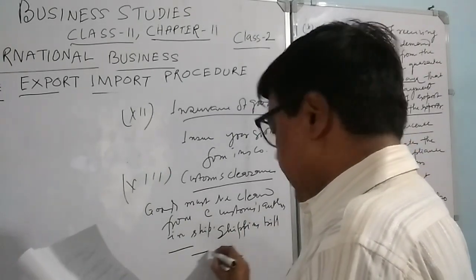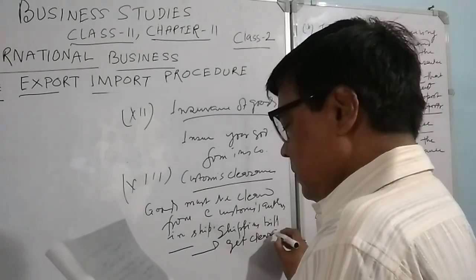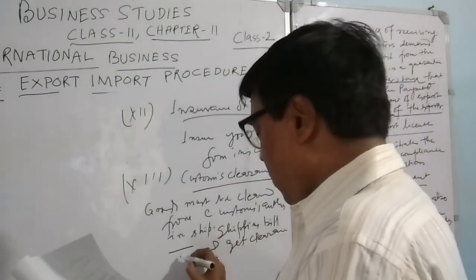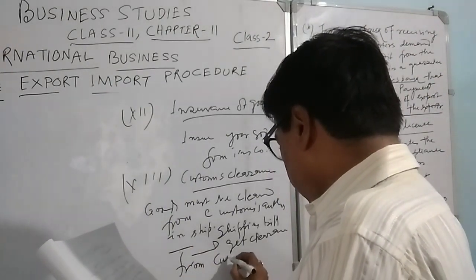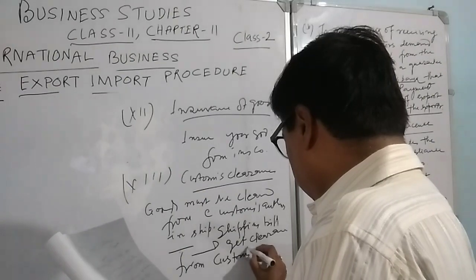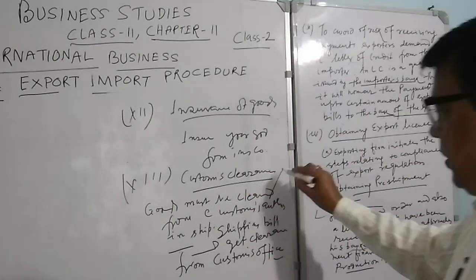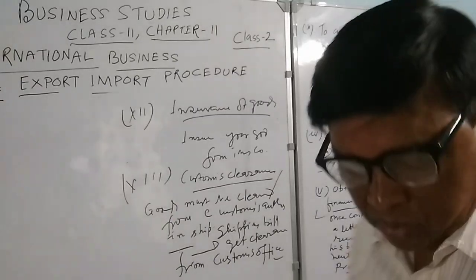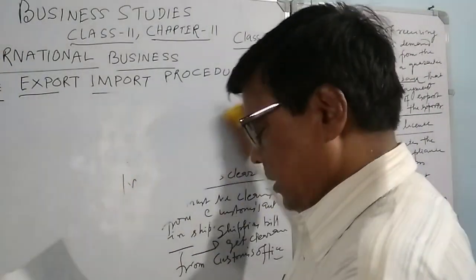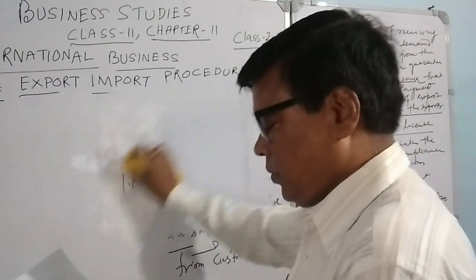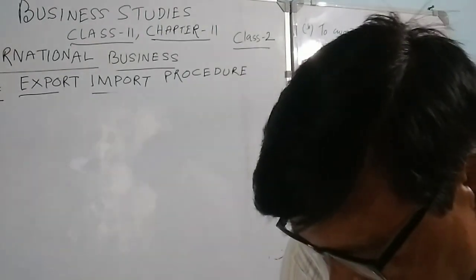You have to make it ready and get clearance from the customs office. See, unless you get your material customs clearance, you cannot ship your material for export purposes. Now the next point is there.